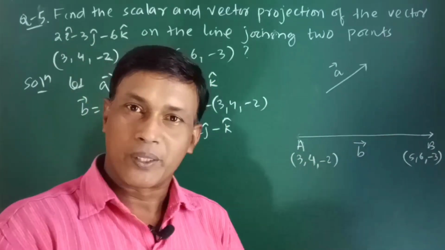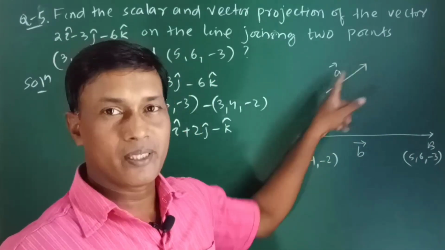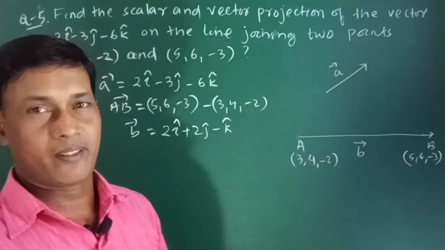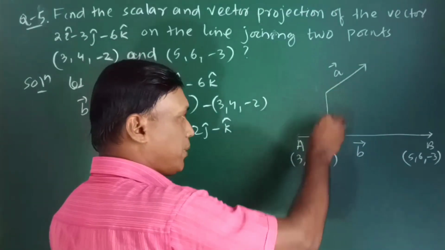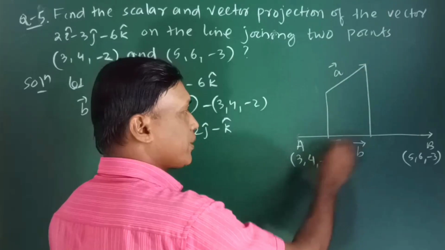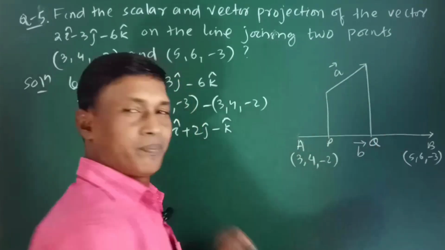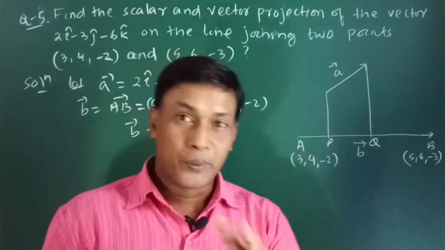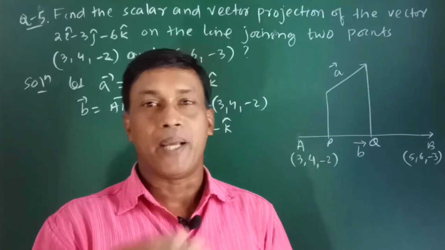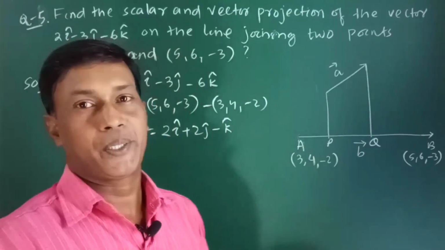So now the question is to find the projection of this a vector on b vector. This value, suppose, is PQ. And there are two types of projection, scalar projection and vector projection. How can we find these two?